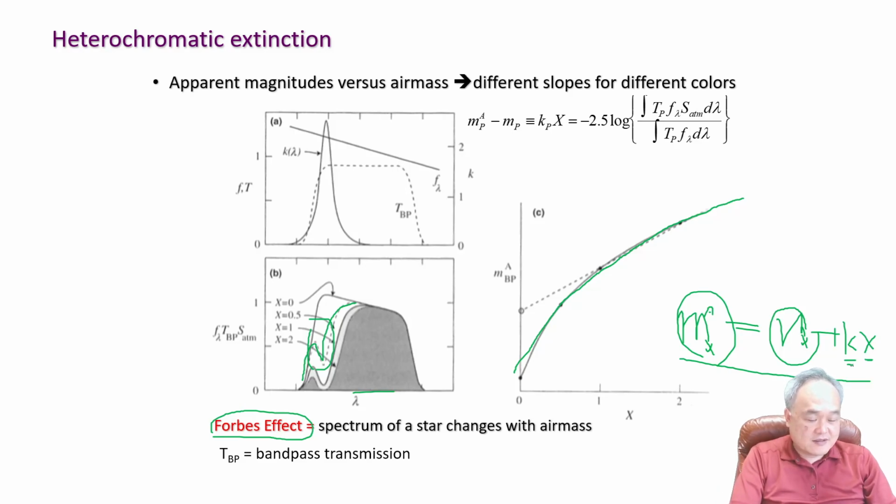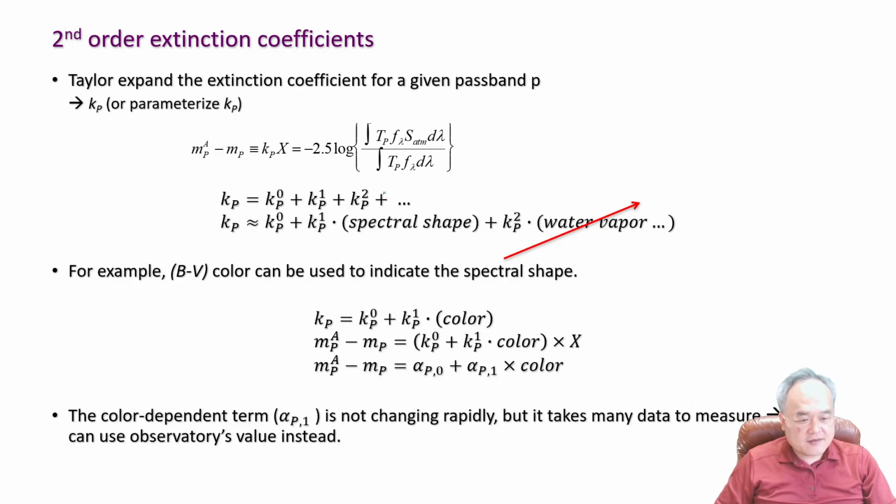So how do we handle this? The easiest way is to assume that your extinction coefficient can be Taylor expanded into multiple orders.